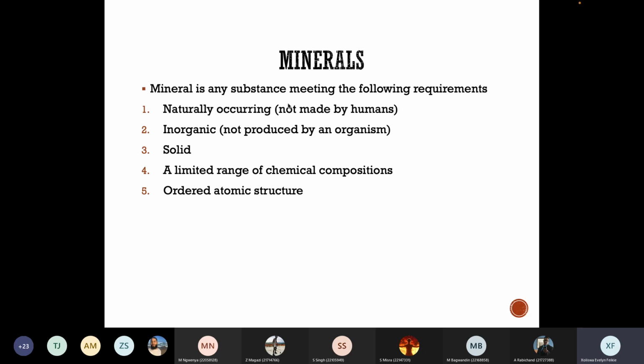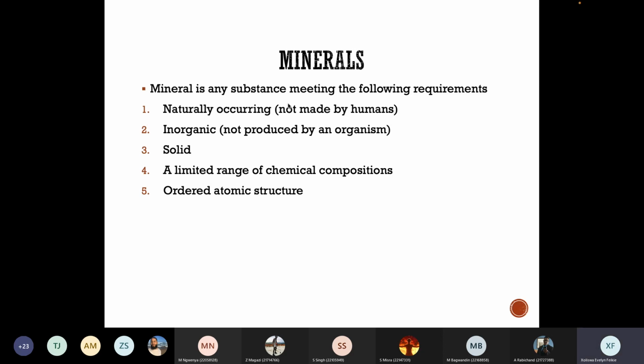The minerals will determine how strong or how weak a certain type of rock is, right? That's where you will deal with different types of minerals and also the bonding, right? So minerals are important in that sense, and you need to understand what a mineral is.